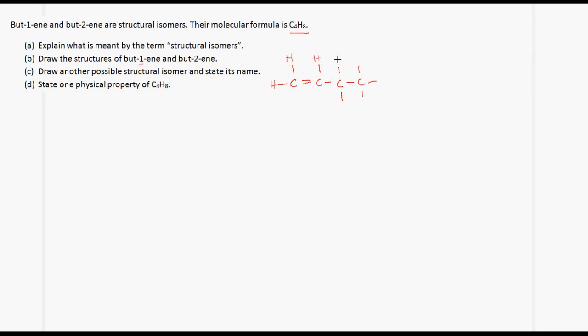So in this case, this will be but1-ene, and but2-ene, the 2 means that the double bond is on the second carbon atom. So but2-ene will look like this.